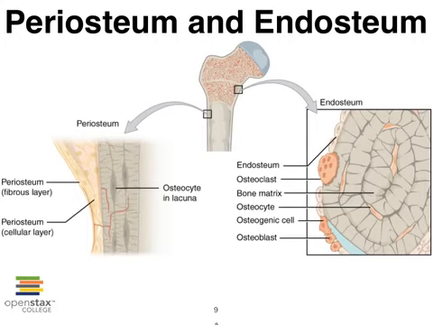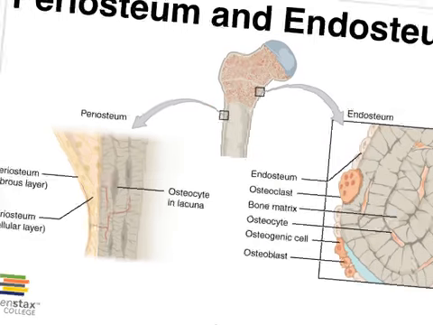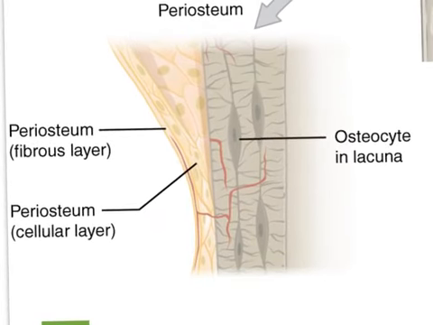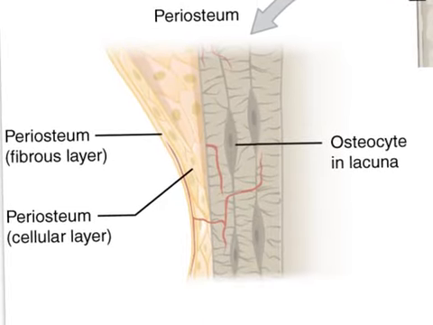Now take a closer look at what this is like on a diagram. Let's say that we take a chunk out of the bone organ right here and blow that up. Then here we see the periosteum in greater detail. This outer layer is going to be the periosteum's fibrous layer, while we have an inner layer, which is mostly cells.